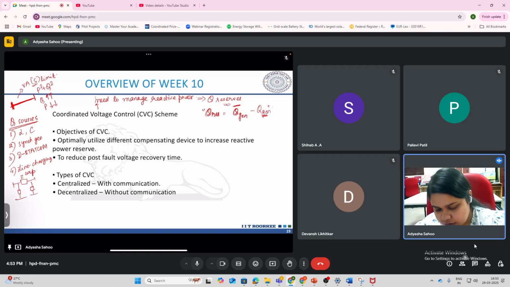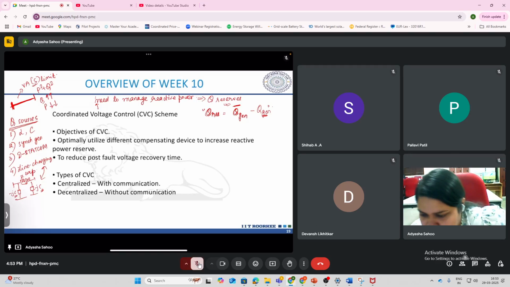This is the Z, which is R plus jXL, and here you have minus jXC. So the capacitance and inductance of the transmission line can also contribute to the reactive power in the system. Hence there are various sources of reactive power in the system.